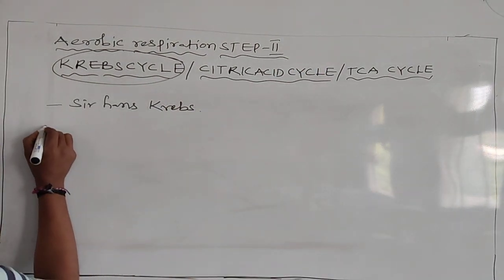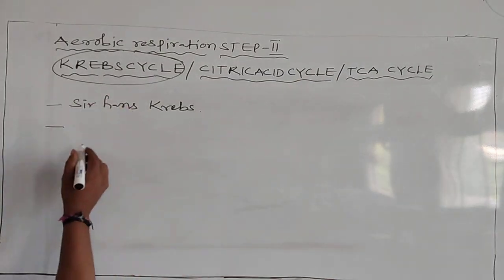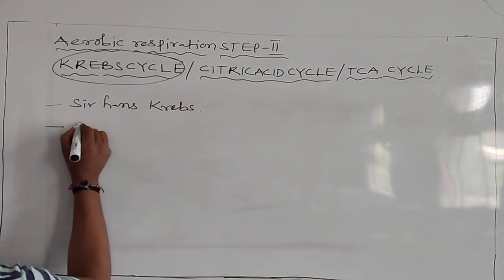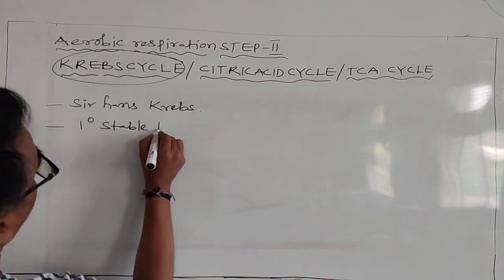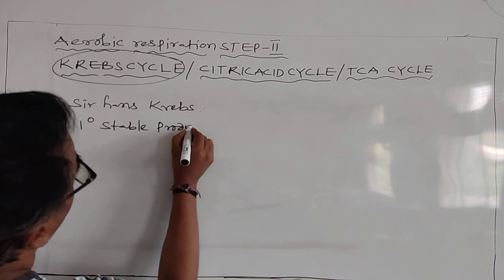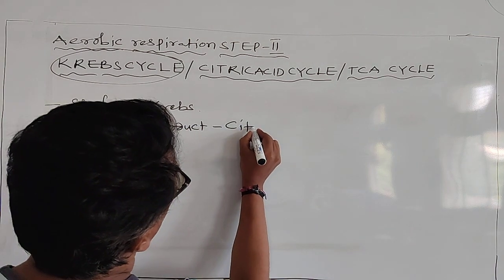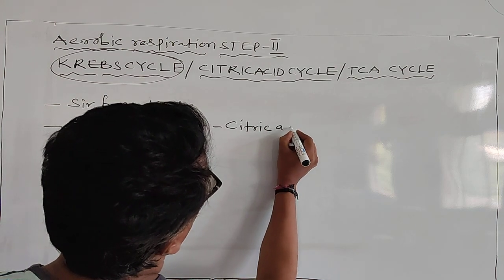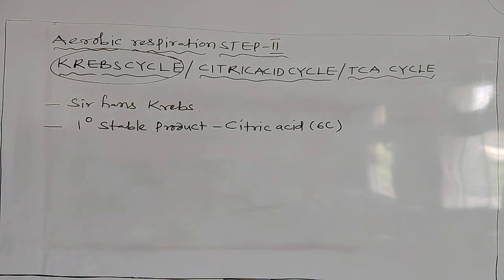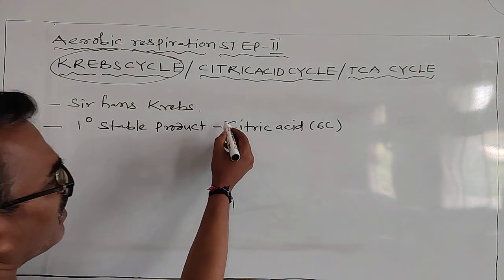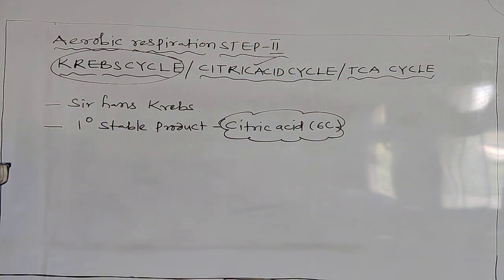In aerobic respiration step 2, the Krebs cycle, the primary stable product in this pathway is citric acid. Citric acid is a 6-carbon compound, so it's called the citric acid cycle.